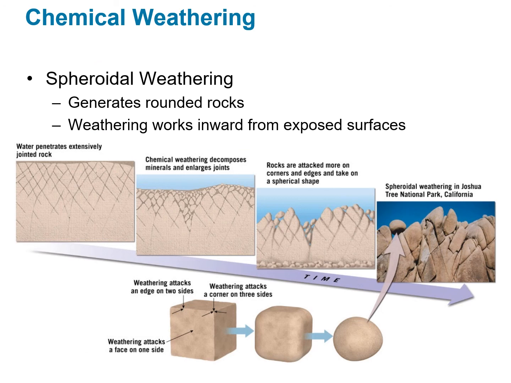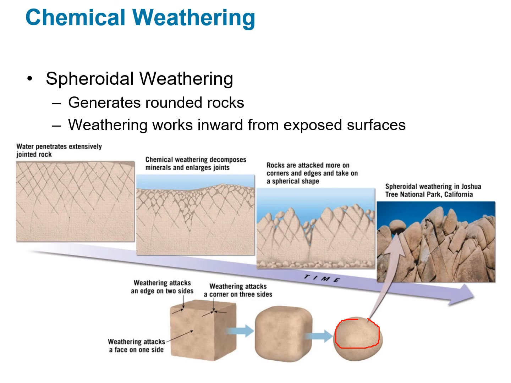Another type of chemical weathering is called spheroidal weathering. This generates rounded rocks, and you see this in Joshua Tree Park, California, a really hot, dry desert area. This happens over time. You have exposed bedrock, in this case sandstone, and water penetrates the jointed rock, right?